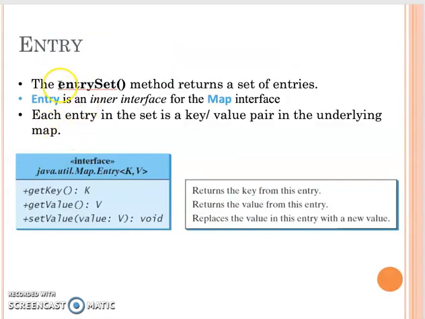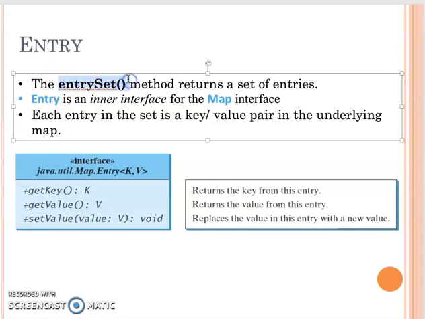So let's go more detail. See how after the entry set, we were using the entry data from the set to display the information one by one. So after you call the entry set from your hash set or the tree set, they will return a set of entry. So this entry is the interface for the map interface.